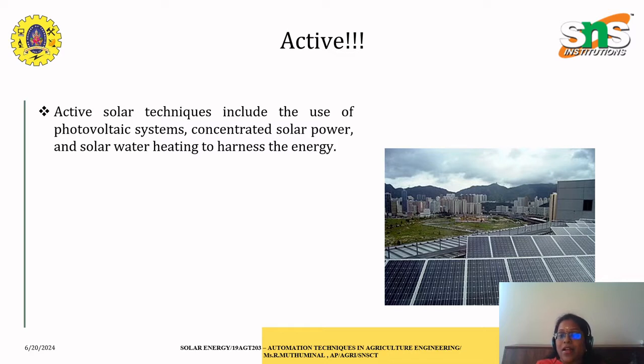Initially we were not aware of solar photovoltaic systems, right? Now we can see everywhere that over a building, anyone can have a photovoltaic system, that is PV. This PV is aligned over the building so that it can tap the solar energy radiated from the sun.